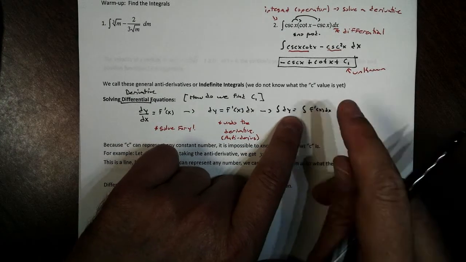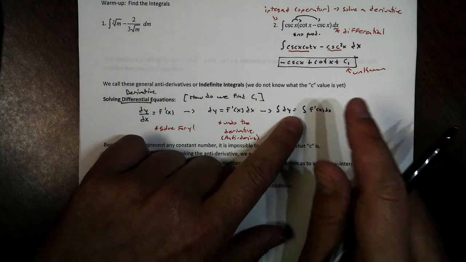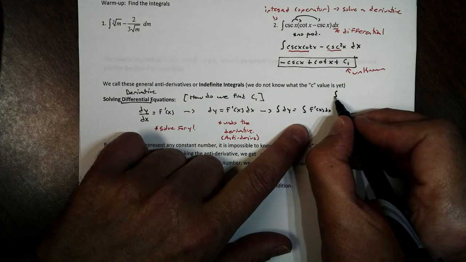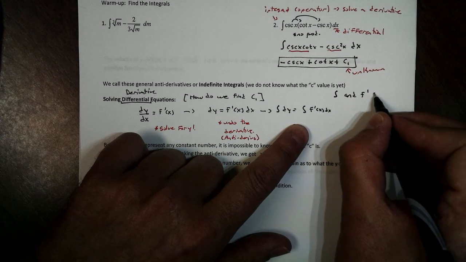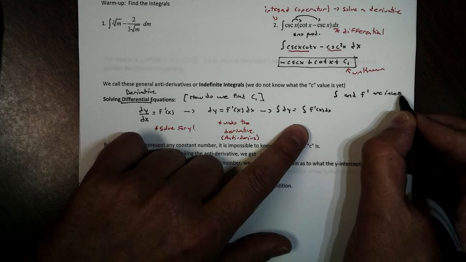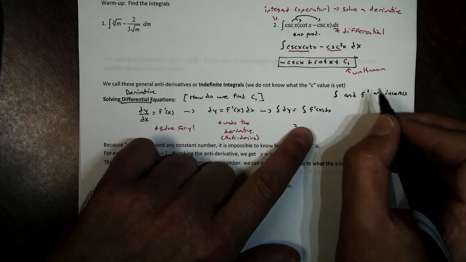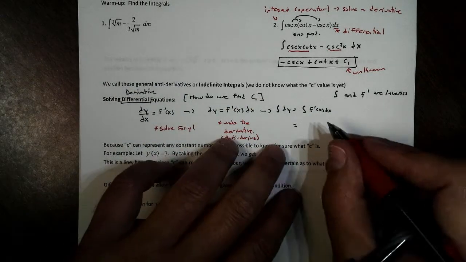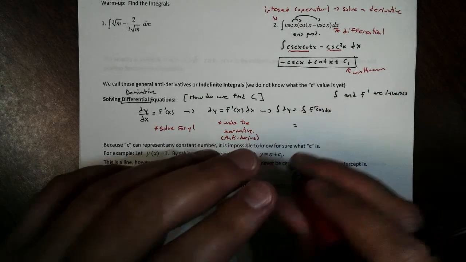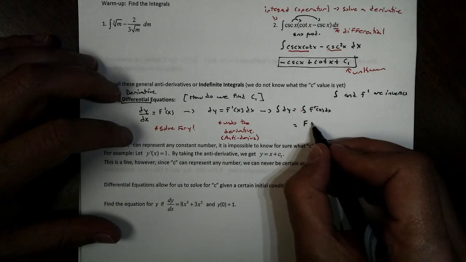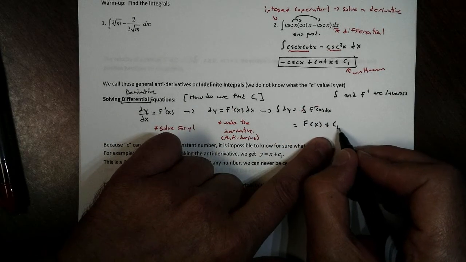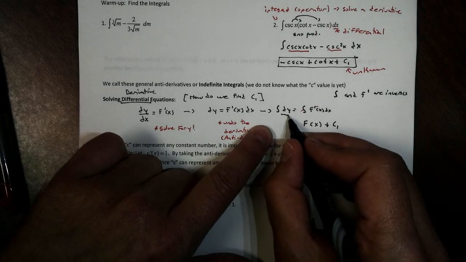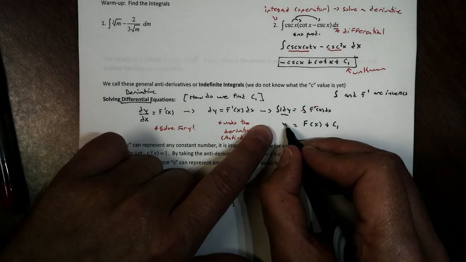Now, when we take the antiderivative, recall from yesterday, we also said that the antiderivative, the integral, and f prime are inverses, so they cancel each other out. So the integral cancels with that prime, and what we're left with is just f of x, but we had an original constant we didn't know, so we go plus C1. And of course the antiderivative of dy, remember there's a 1 there, is just y.